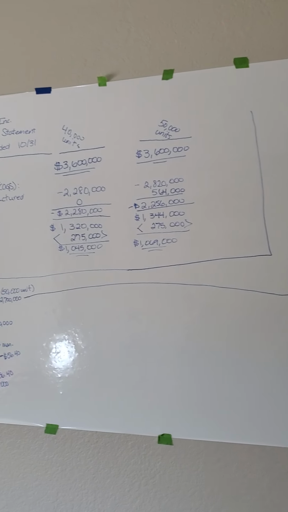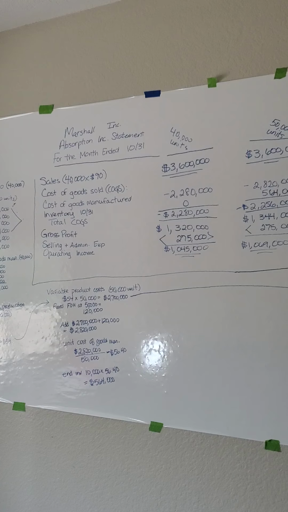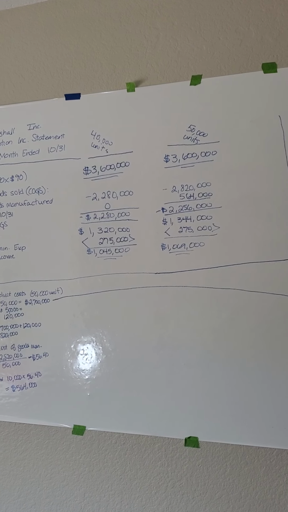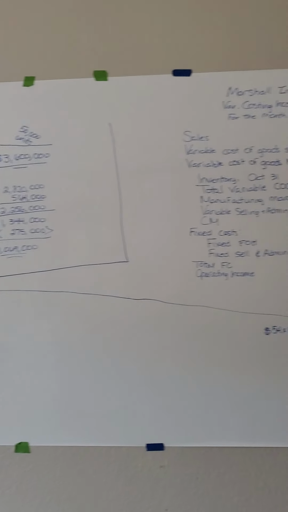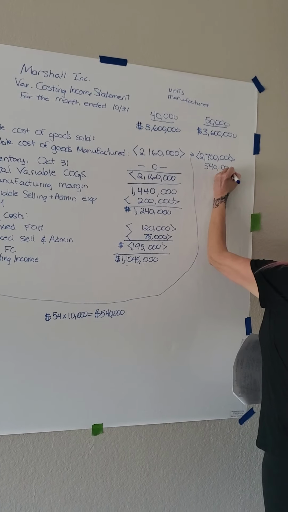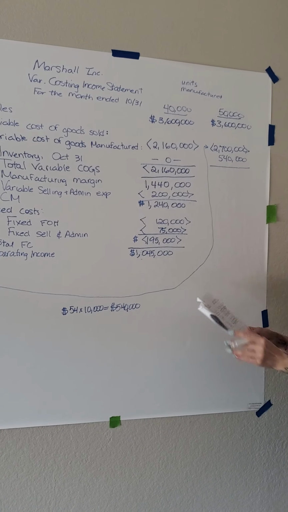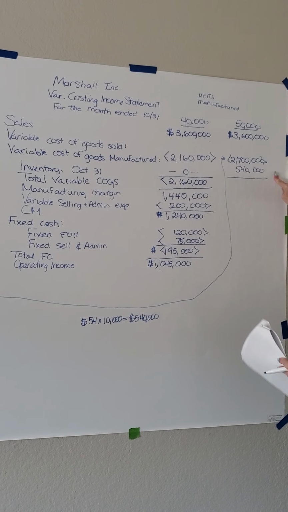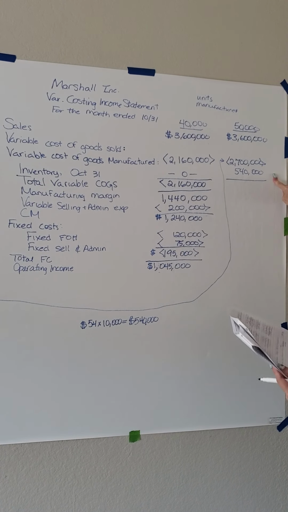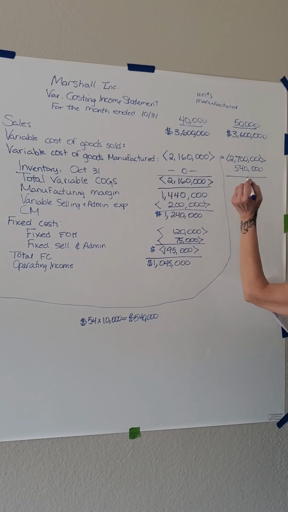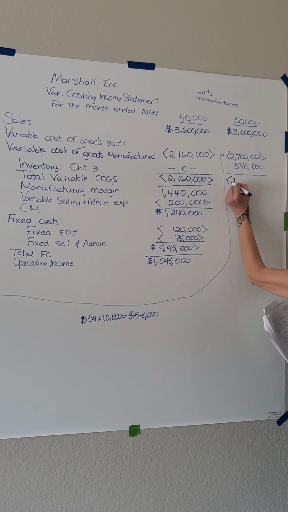That's because of those fixed costs that are included in this inventory. All right, so we add back in our inventory, $540,000. We can now calculate our total cost of goods sold by taking the total variable cost of goods manufactured, subtracting our ending inventory for a total of $2,160,000.